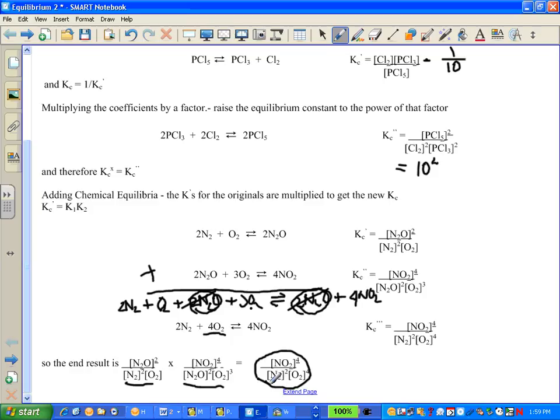And if you look at that expression, it is the Kc value for this third reaction that we created: NO2 to the 4 over N2 squared times O2 to the 4. Now at the moment, this seems like a mathematical process that we're dealing with. But what we're going to do next is do some examples so you can see how this might be useful.